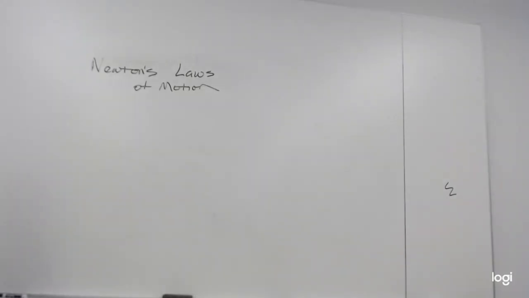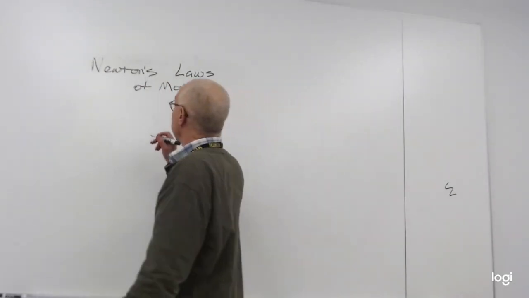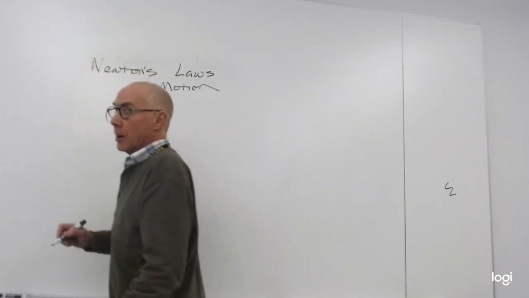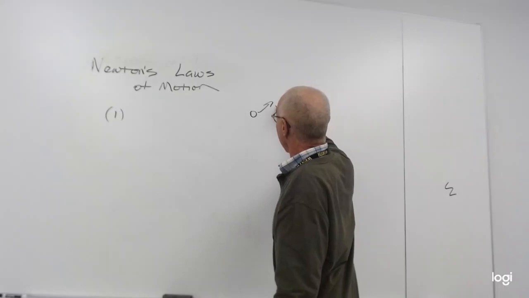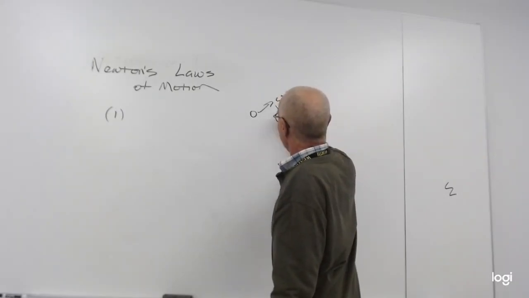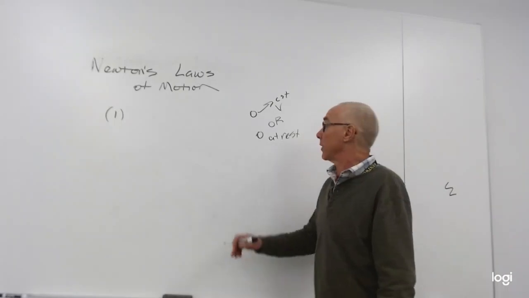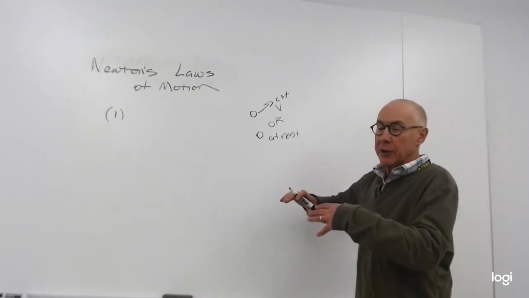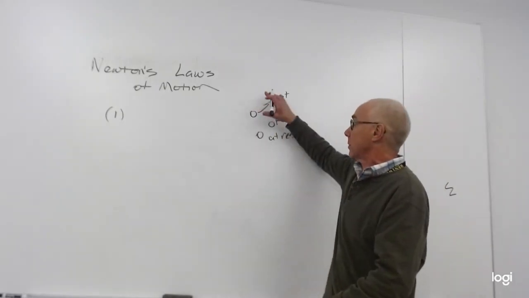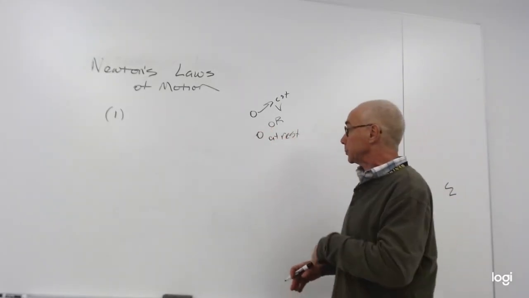So what is the first law of Newton's laws of motion? It's that if you have a particle, and we'll just talk about particles for now, and it's moving either at a constant velocity or it's at rest, meaning it's not moving, they're going to tend to stay either at that constant velocity or at rest unless you apply some force to it.